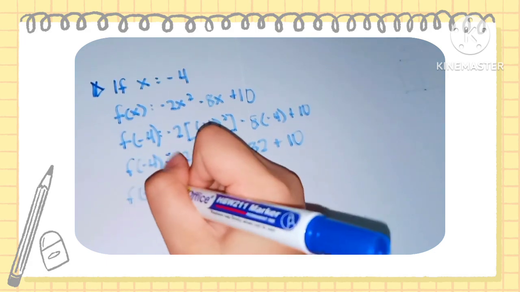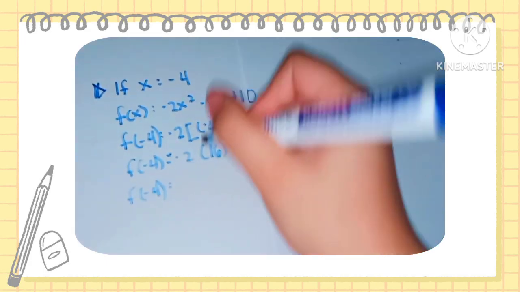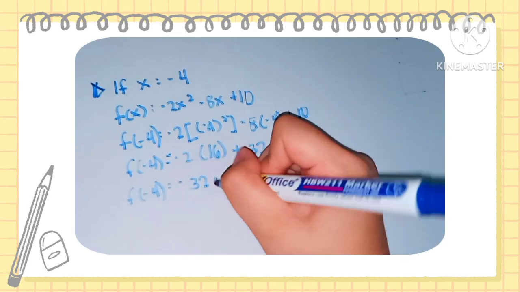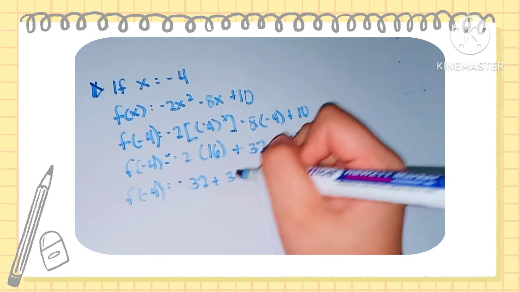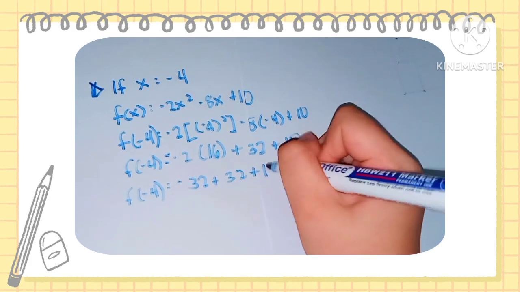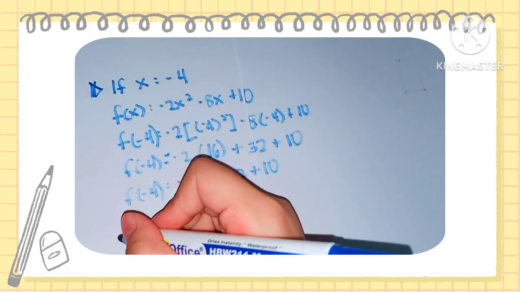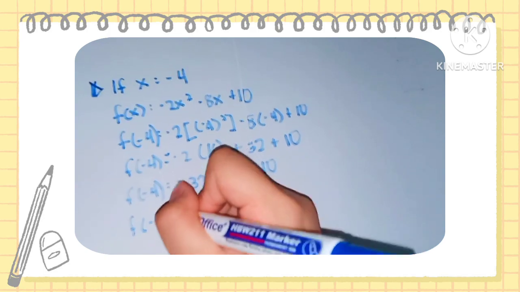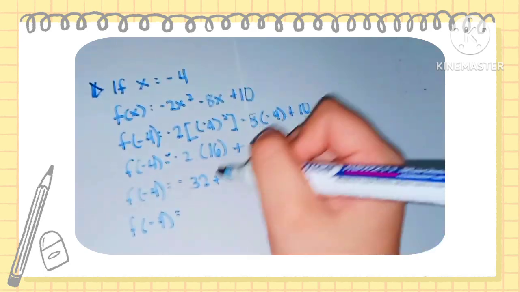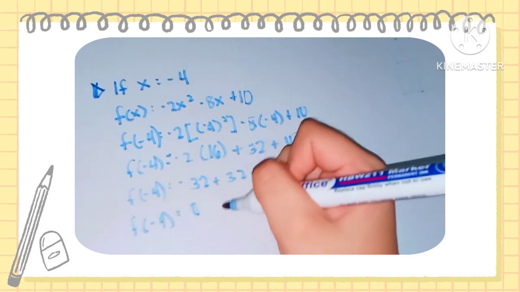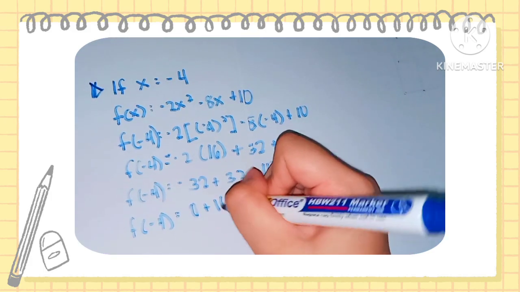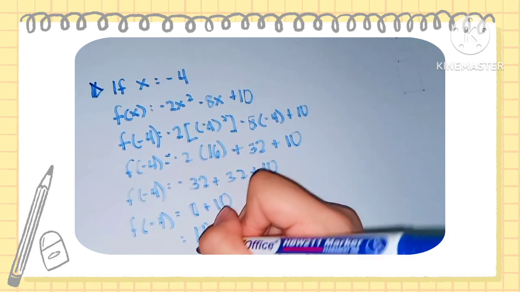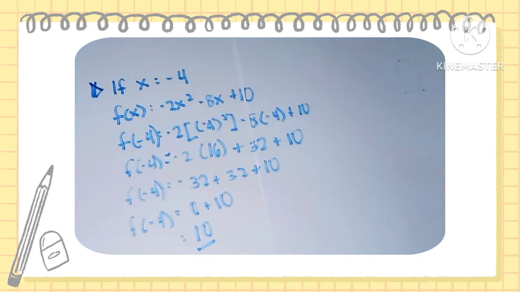Now f of negative 4 is equal to negative 32 plus 32 plus 10. Now we will have f of negative 4 is equal to 0 plus 10. And finally, we have 10 as our f of negative 4.